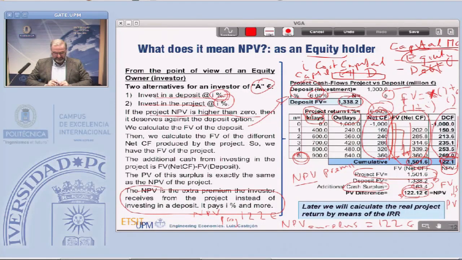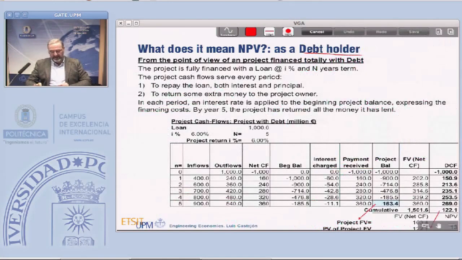This project pays the I% of the deposit and more. This more plus the I is the internal rate of return of the project. Any question?